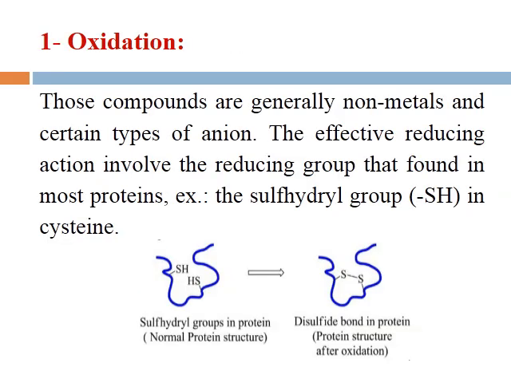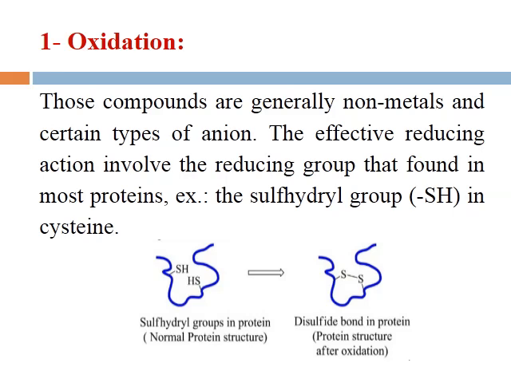The oxidation compounds are generally non-metals and certain types of ions. The effective reducing action involves the reducing group found in most proteins, for example the sulfhydryl group, such as in cysteine. As we see in the following shape, it is the sulfhydryl group of protein in the normal protein structure of the microorganism.